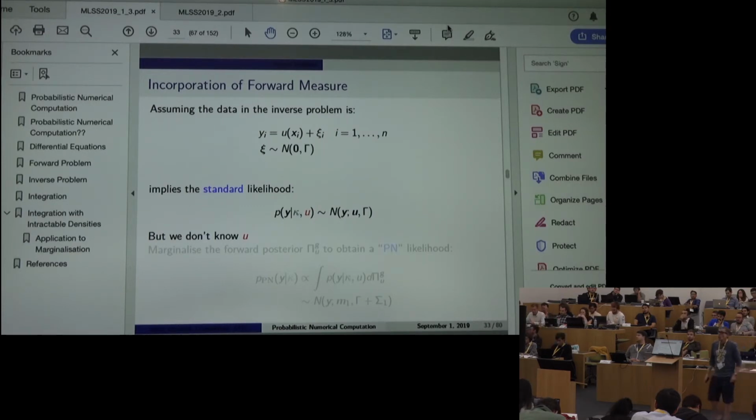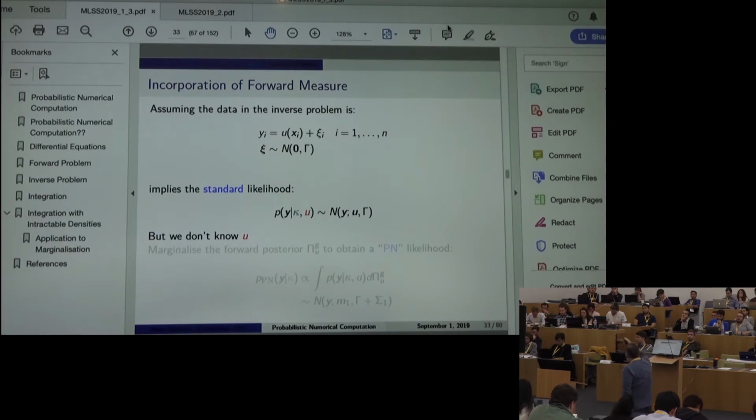Okay? So what that means is that the likelihood for the data under the model, okay, so the probability of all of the data from y1 to yn, conditional on what we don't know, which is going to be kappa.